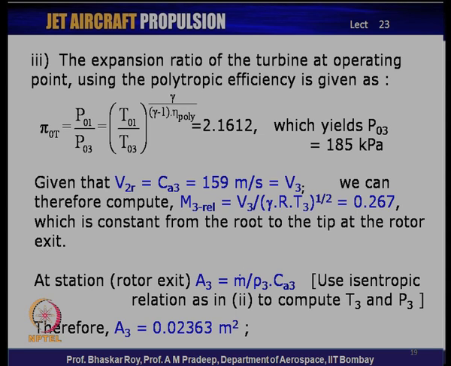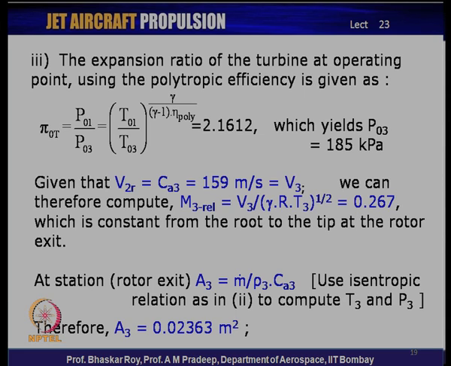Now, given that V2R is equal to CA3, which would then be equal to 159 meters per second, and this of course is the same as V3, we can therefore get M3 relative, that is the relative Mach number at the exit of the rotor, as 0.267. You would of course need to find T3 over there, which is taken to be constant from root to tip at the rotor exit.